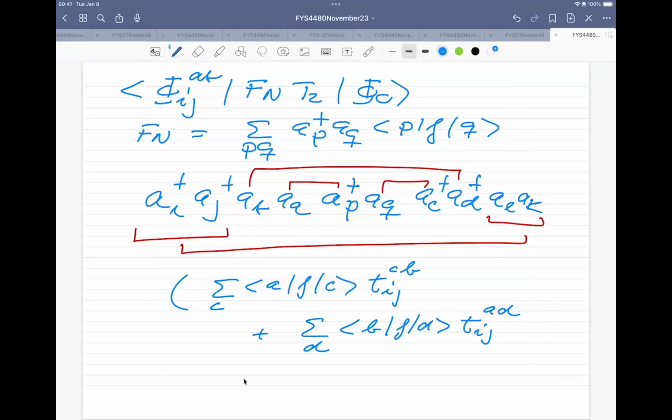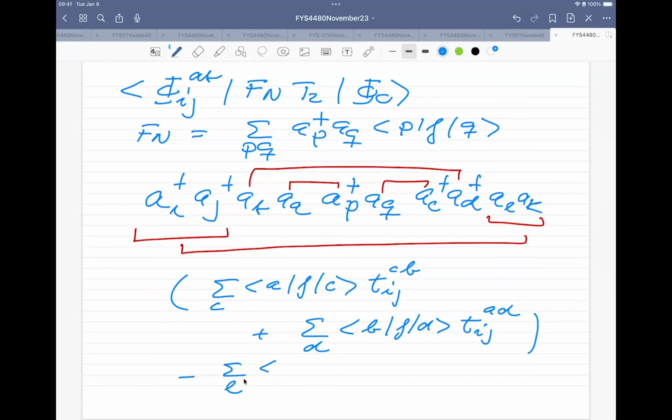But then I have another set of equations which I can get. And that other set of equations is the one where I now keep the particles unaffected by the operator. And then I simply have the hole states being contracted for one particle at a time with the one-body operator. So the hole states are going to give me a term which goes like minus, and now I have a sum over L, the hole states.